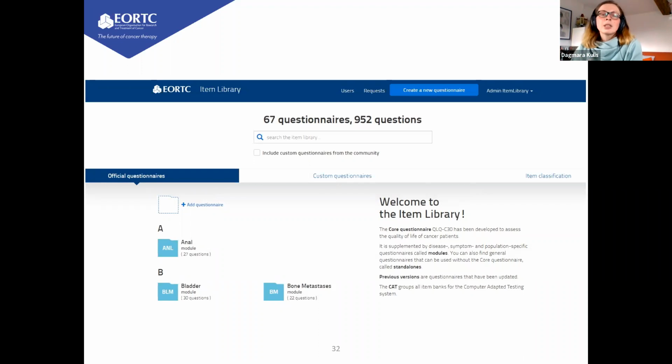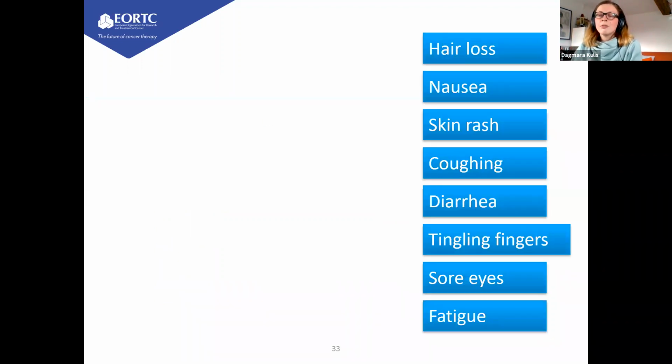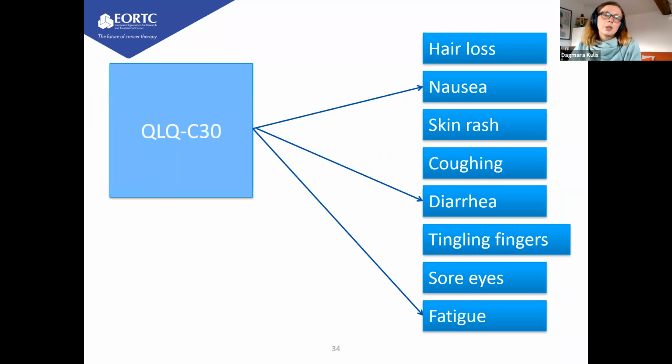So as an example, if we have a study in which we want to measure all those different aspects of the disease, we will use the QLQ-C30, in which we have scales that will measure nausea, diarrhea, fatigue.